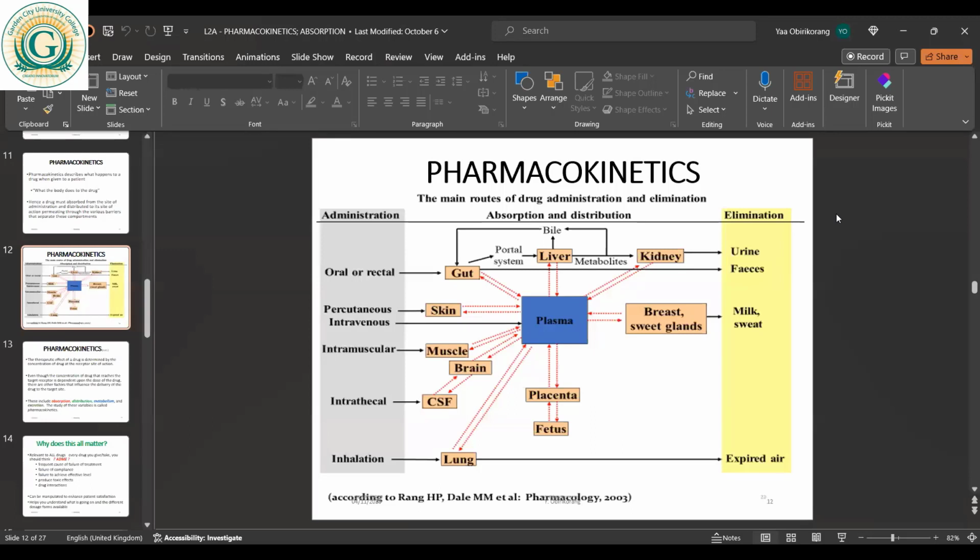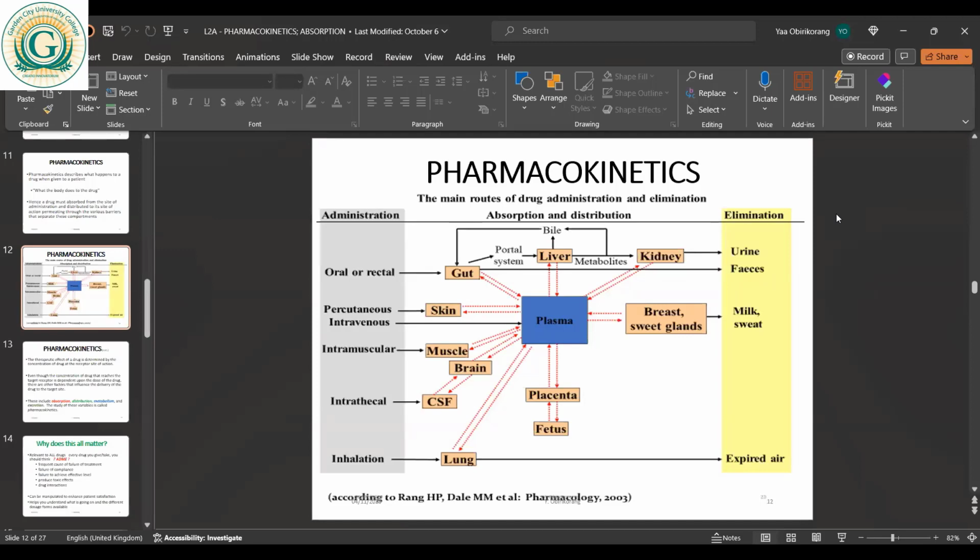Before they get into systemic circulation, the drug is absorbed through the portal system to the liver. That is where the first pass metabolism takes place before the drug is distributed into the whole body, including the site where the drug is supposed to do its work.